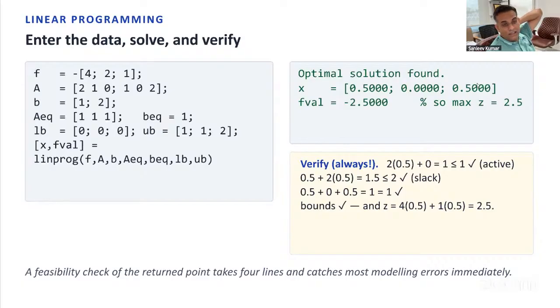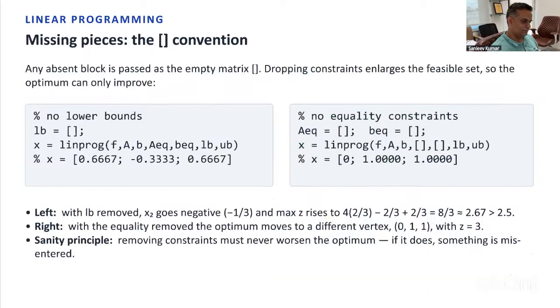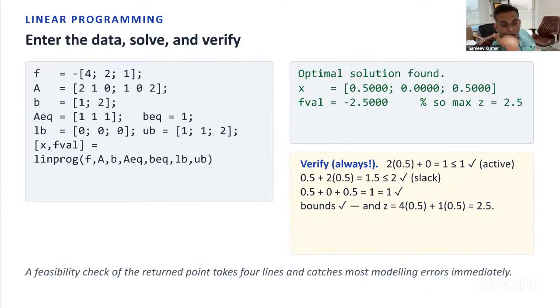So this is the easiest way of solving a linear programming problem, whatever be the number of variables, inequality constraints, or equality constraints. It will work very well. It may happen that a certain problem doesn't have equality constraints, or doesn't have lower or upper bounds.